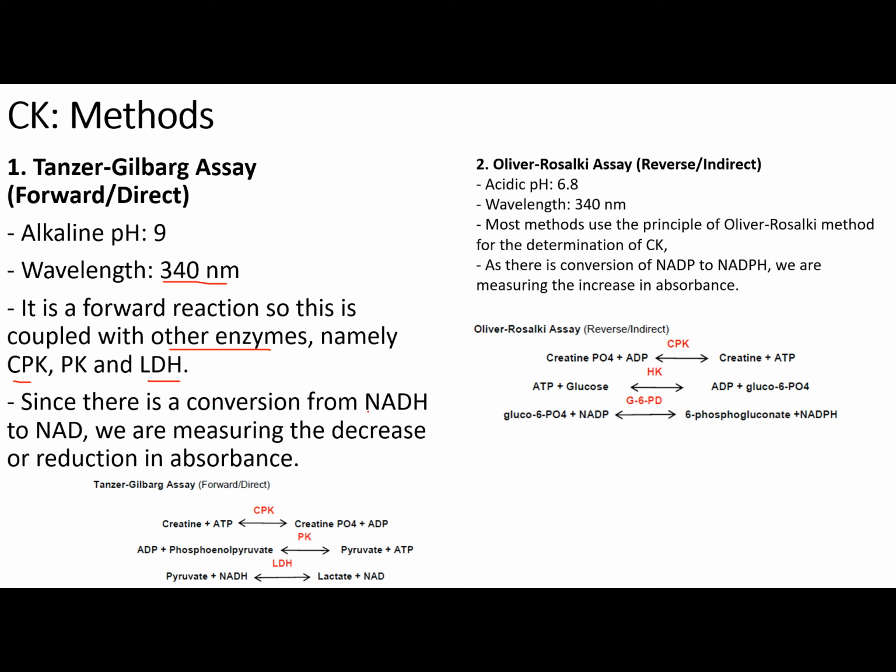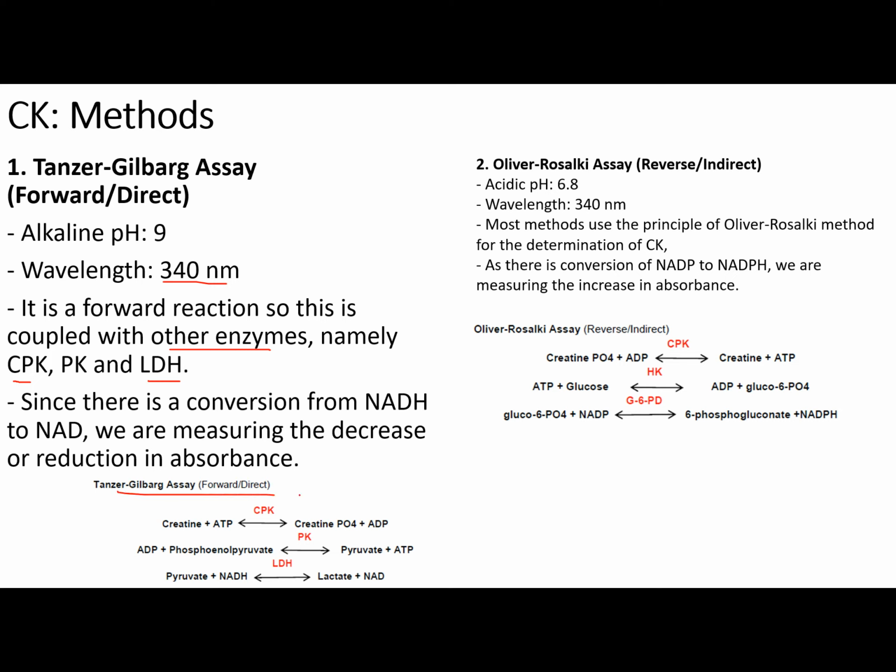Since there is a conversion from NADH to NAD, we are measuring the decrease or reduction in absorbance. So si Tanzer-Gilbert assay nyo, class, is a forward assay. Alkaline pH of 9, read at wavelength 340 nanometers. And it uses 3 enzymes, CPK, PK, and LDH.